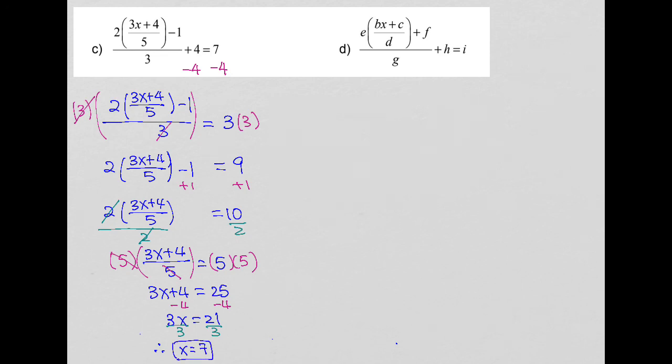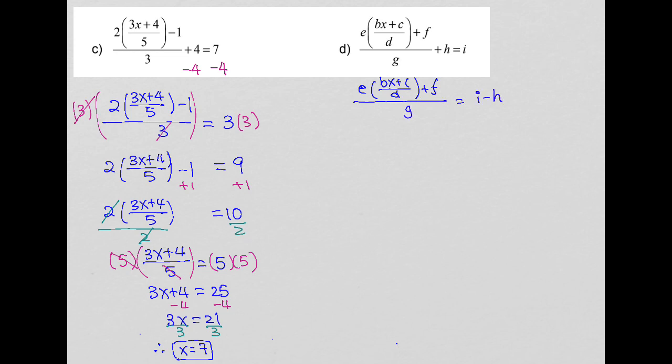For part D, this is the most challenging one. Remember, you are solving for x. X is the only variable you have. So first of all, we have to remove the positive h on the left. So you have this: e bracket (bx plus c) over d plus f over g equals i minus h.